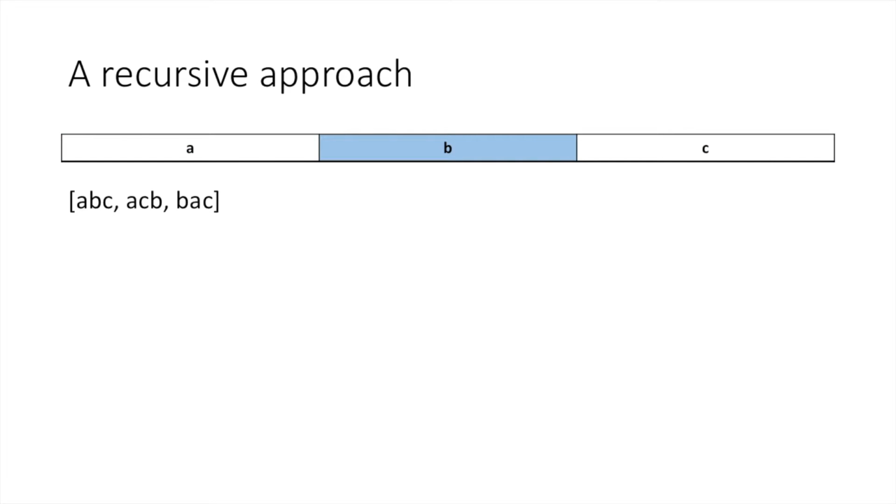Now we'll go back to picking B first, and then we have C and A. We already went through A, so we'll pick C this time, and now we have only one choice, so that's BCA. Now going back to the first step, we picked A, B, and now it's C. So we picked C. Now we again have two choices, and we'll proceed in a similar way.